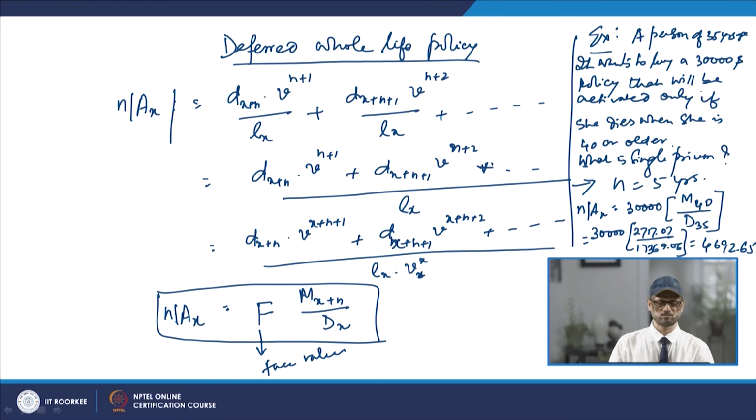This way you can calculate the net single premium when it is deferred for n periods, and you get $4,692.65. We will also discuss the different cases which fall under the insurance policies in our coming lectures. Thank you very much.